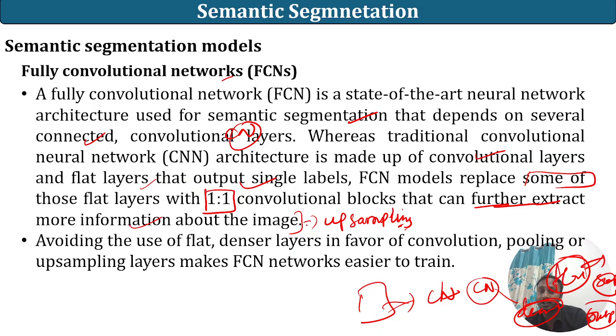But here, instead of some of the flat layers, say two or three, we use one-by-one convolutional blocks that do the upsampling, so any information in the feature map that got lost in the earlier steps, we are able to get back. Avoiding the flat dense layer in favor of convolution, pooling and upsampling makes it easier to train, and we get more and more information about our features.